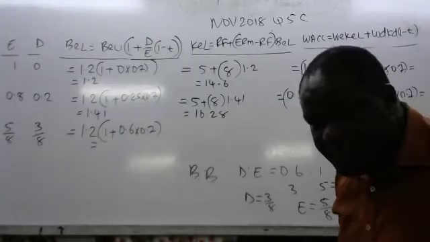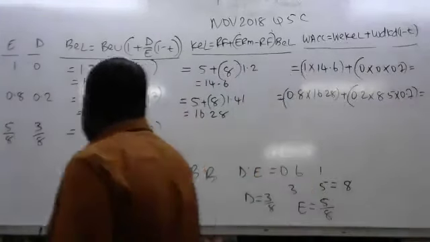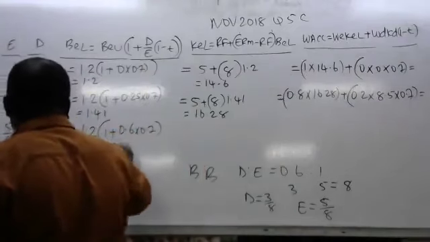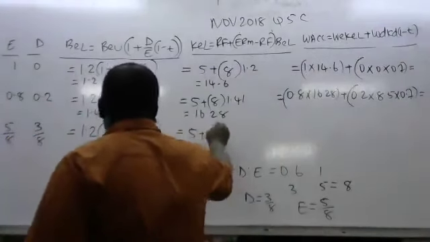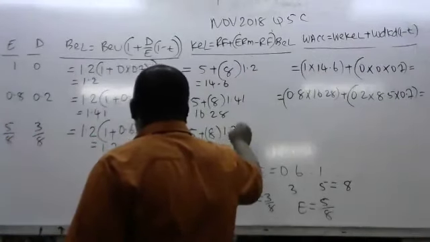Which figure? 1.7. So get to this point 5, then also 8, also 1.7.